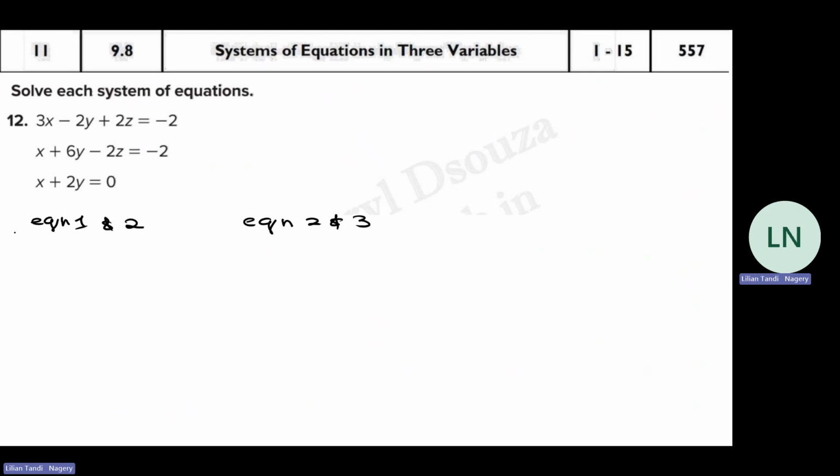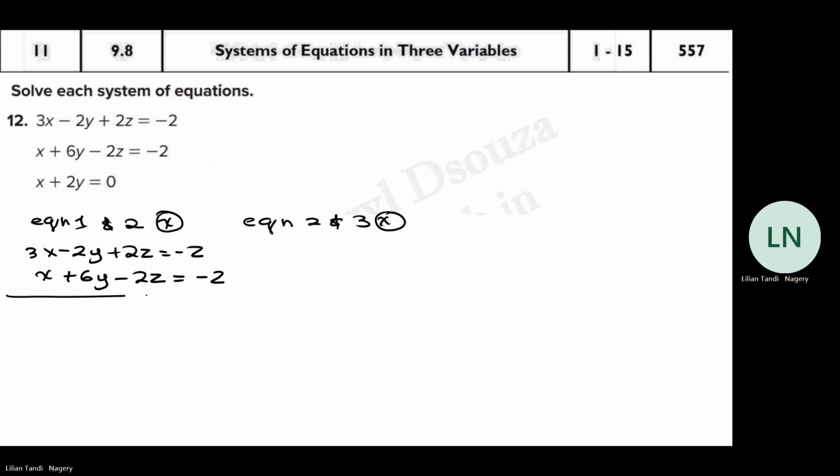Equation 1 and 2, eliminate x. Equation 2 and 3, I'll eliminate x. 3x minus 2y plus 2z equals negative 2. X plus 6y minus 2z equals negative 2. Okay? And then here, equation 2 and 3.